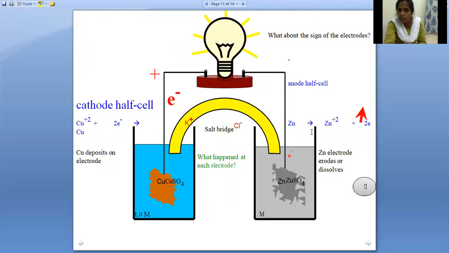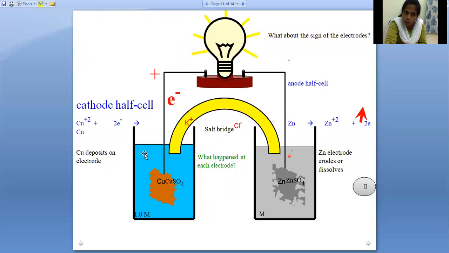But see here, the zinc is losing electrons. Because it is the anode, electrons are lost at the anode. Zinc loses 2 electrons to produce Zn2+. These 2 electrons are transferred to the cathode through the external circuit. See here, the electrons are transferred from here to here through the external circuit.